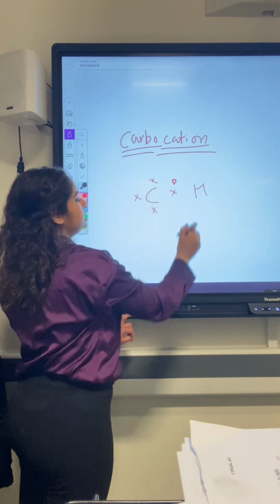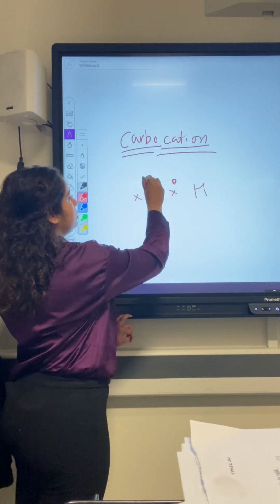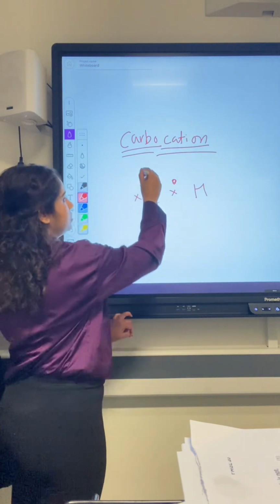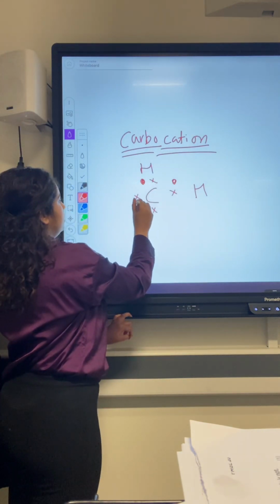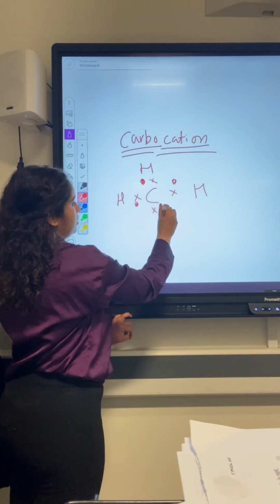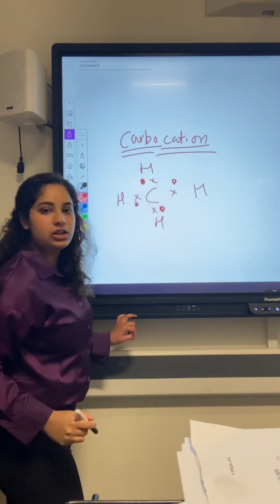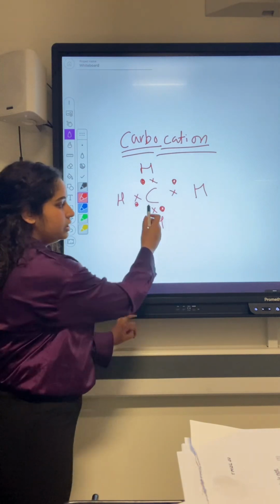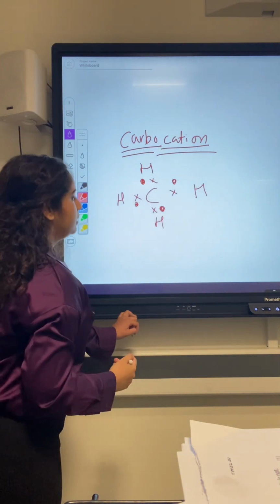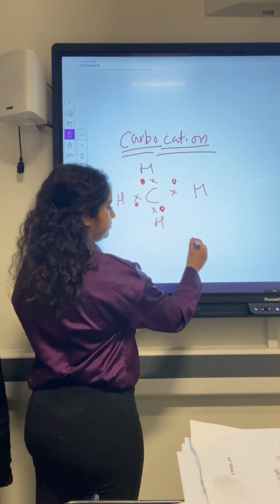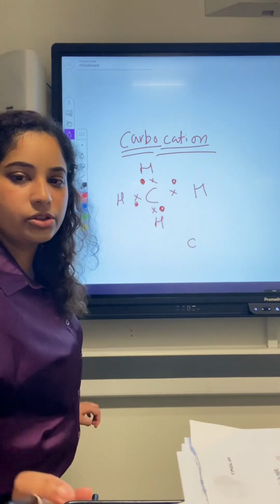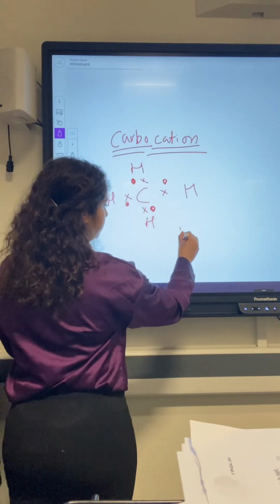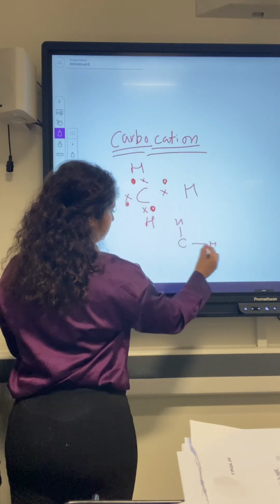So if we attach a hydrogen, this is what it would look like. The dot is showing you the electron from hydrogen. Right, so this is methane. Methane is CH4. I'm not showing you the proper shape for a methane molecule, but just to show you the bonding, it would look like this.